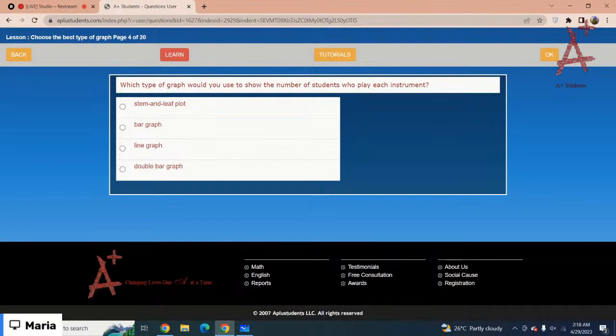Hold on. Let me read again. Which type of graph would you use to show the number of students who play each instrument?